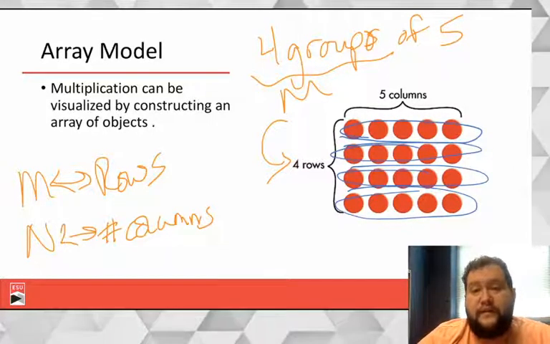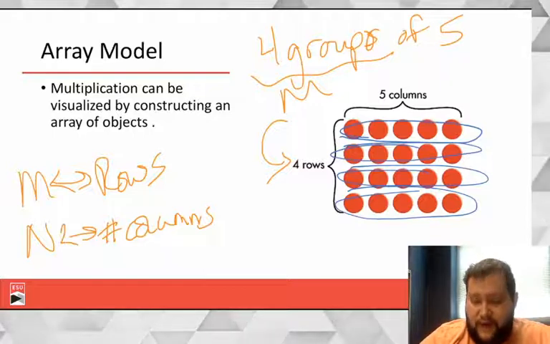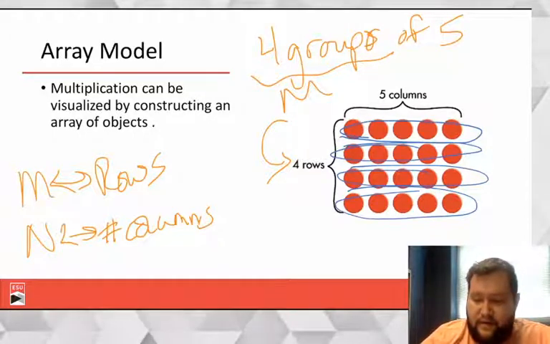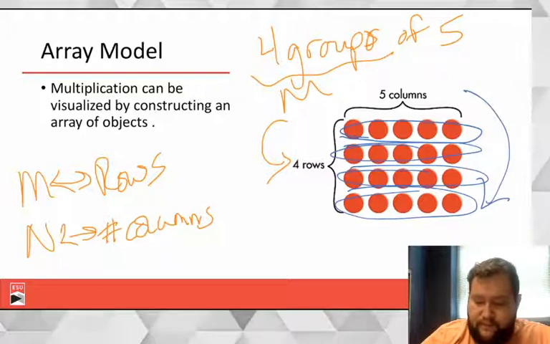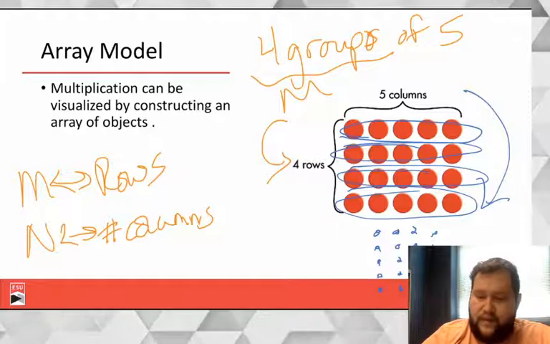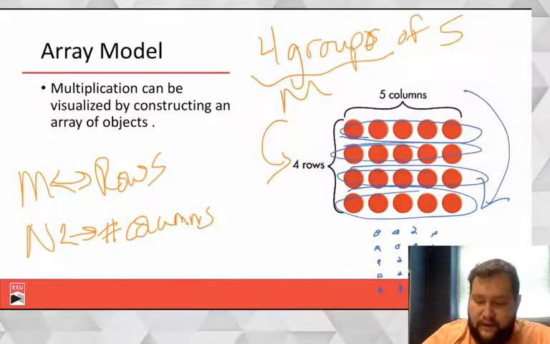But then we start to see, well, if I have 4 rows of 5, if I just kind of rotate it, and I draw my rows a different way, I have 5 rows of 4.